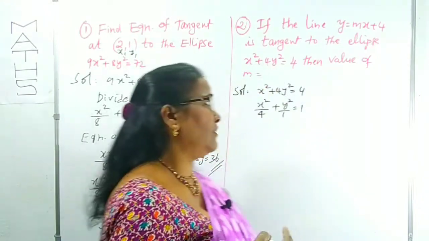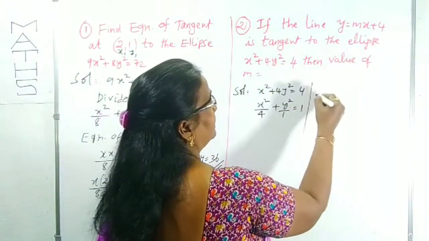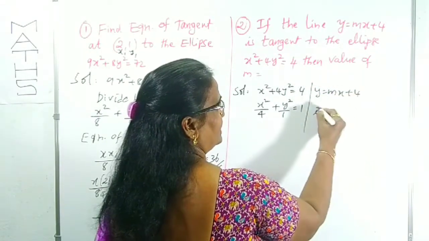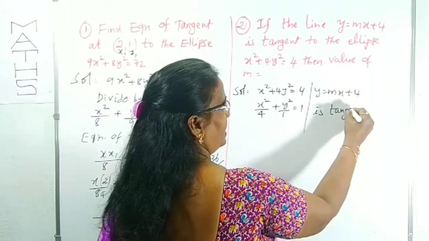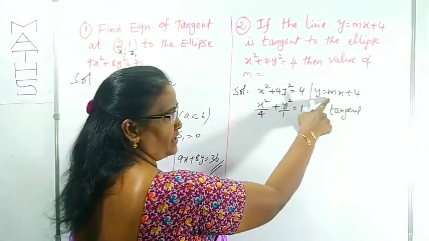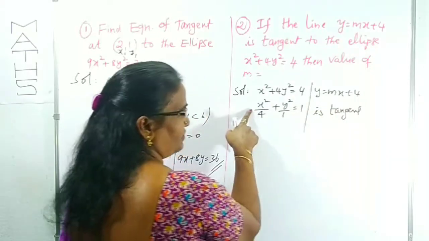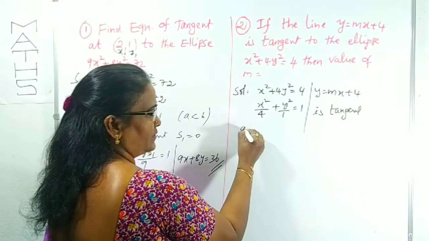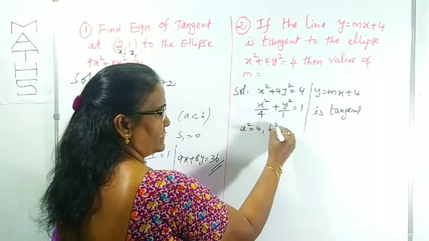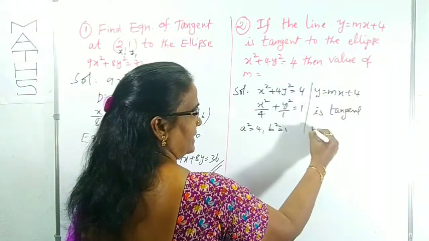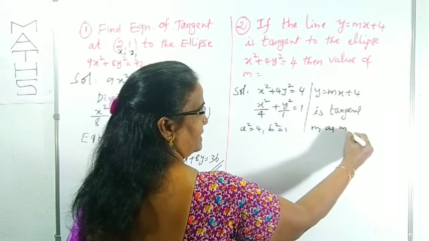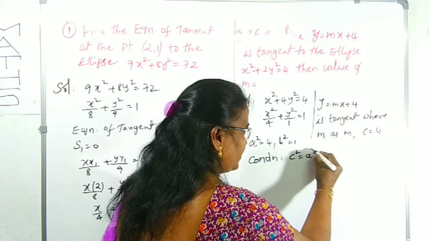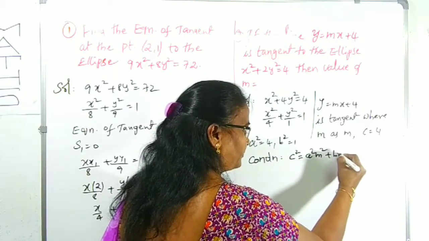Now, what is the line in the form of? The line y equals mx plus 4 is tangent. You know what the condition is? This is in the form of y equals mx plus c, and this is in the form of x square by a square plus y square by b square equals 1. Clearly a square is 4, b square is 1. Here compare m as m only, but c is 4. The condition is c square equals a square m square plus b square.